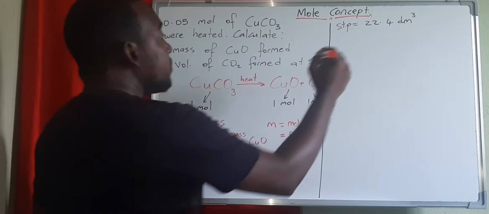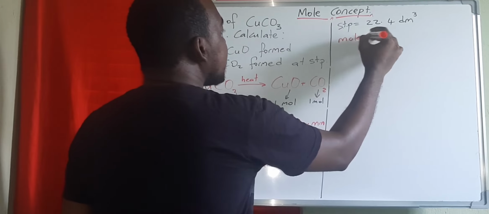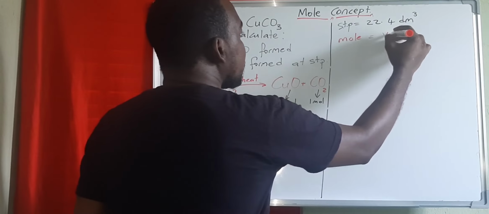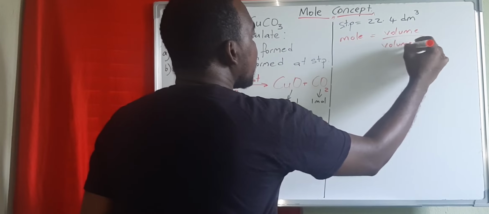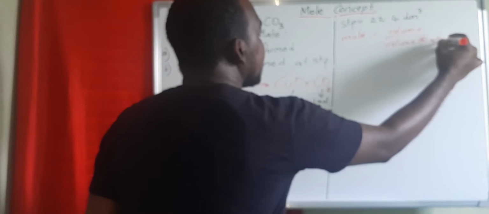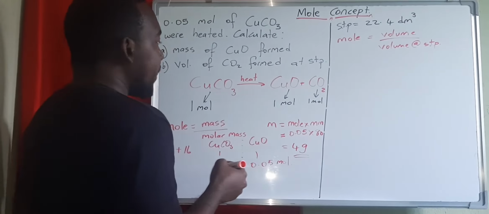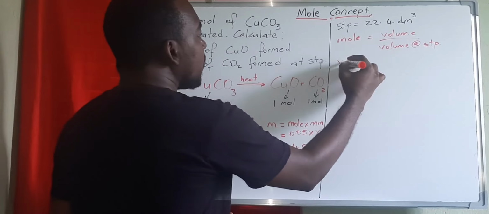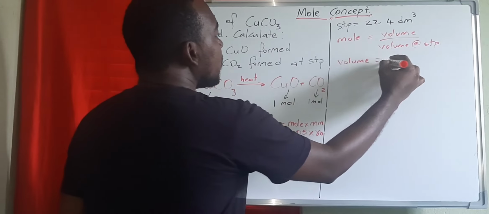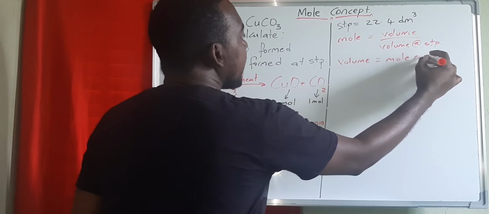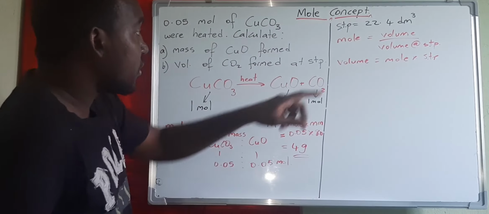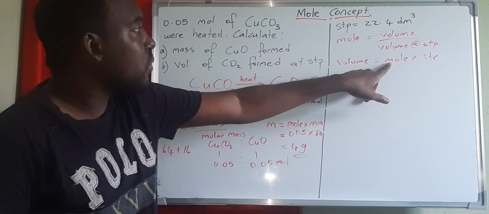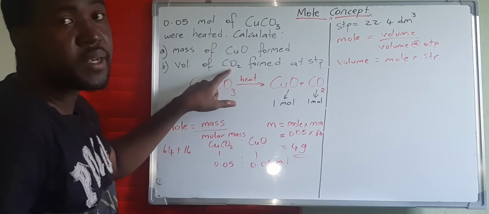So remember the equation: mole is equal to volume over volume at STP. In this case, we're finding volume, so volume would be equal to mole times the STP value. Now we need to know what the mole of carbon dioxide is.